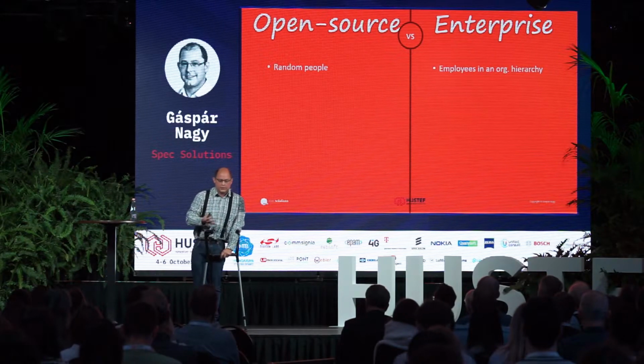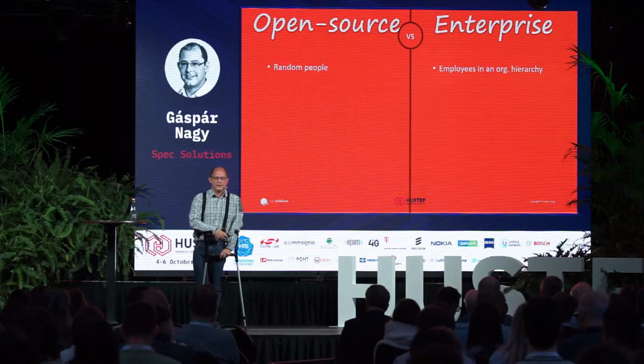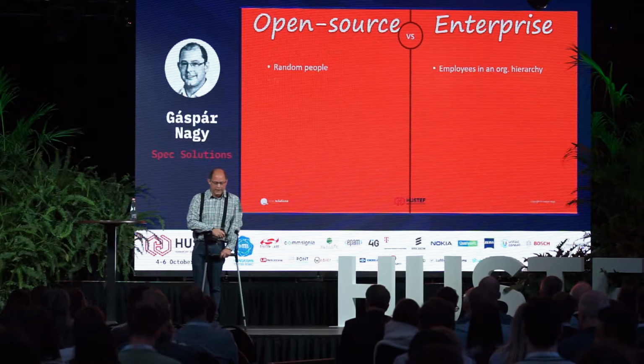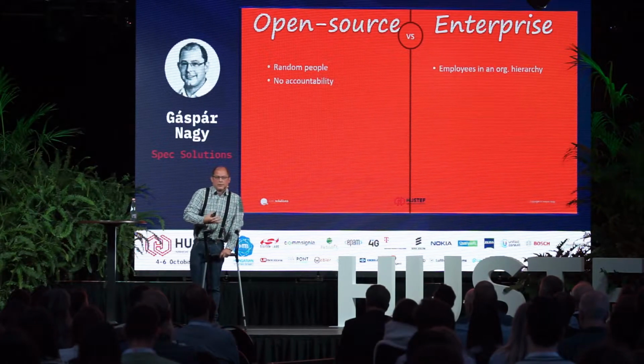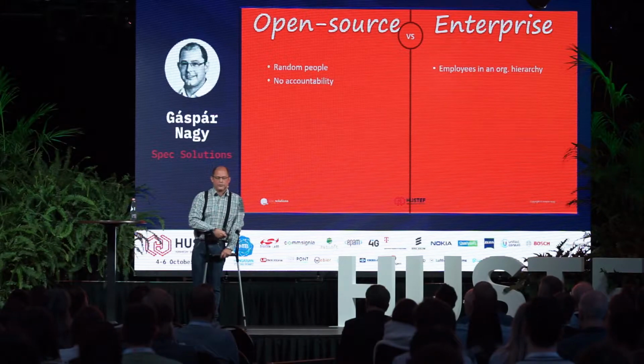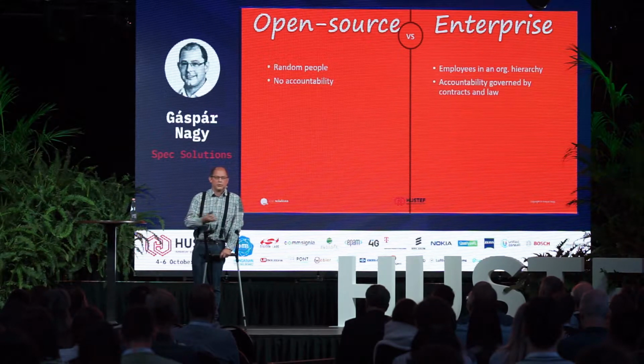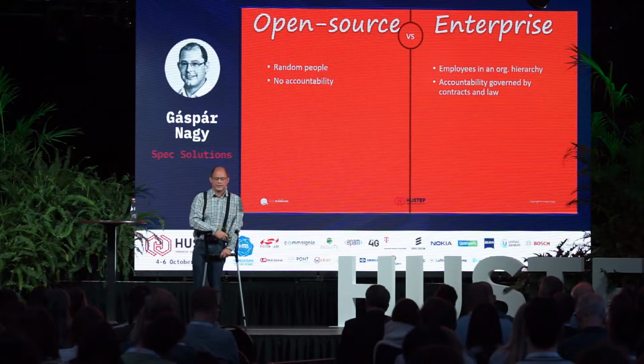While on an enterprise project, typically there are employees and there is some organizational hierarchy, there are bosses and so on. In an open source project, typically there is no accountability, so people don't take that kind of responsibility for their stuff, while in an enterprise project, you have employment, there are laws, there are contracts, many other things.